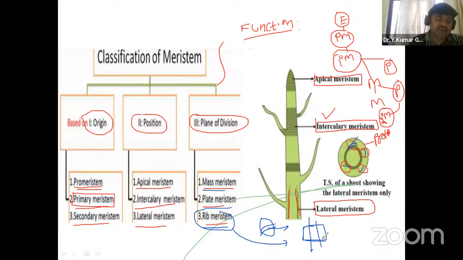What happens if anticlinal division takes place? Mainly the derivatives of the rib meristem are present in long rows.